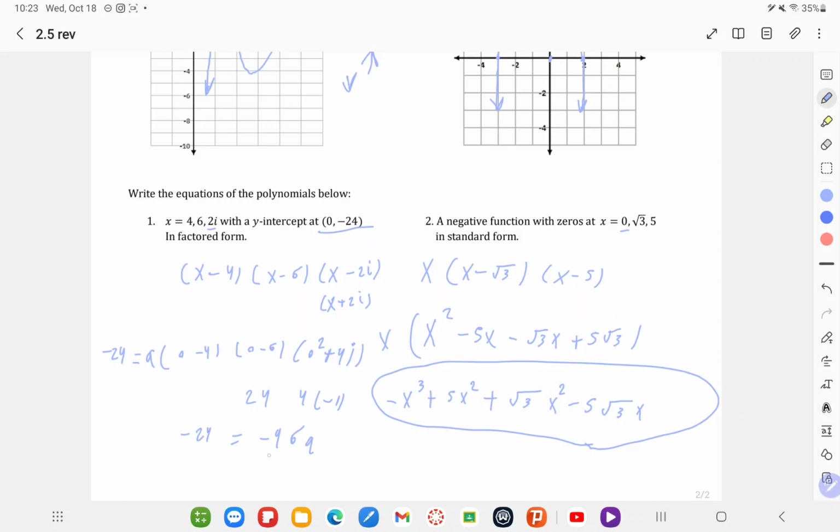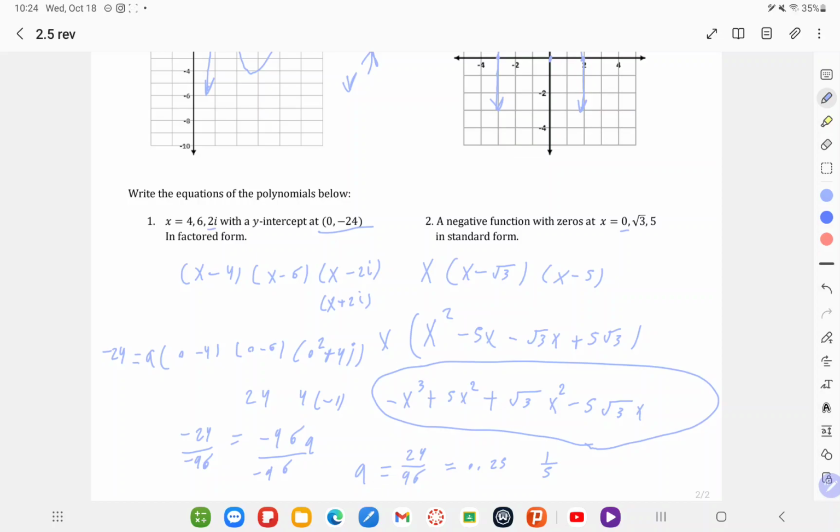You divide by negative 96, all of the negatives cancel out, and a equals 24 over 96. You don't even need to do that because the decimal version is 0.25, which is just 1 over 5, if I'm not wrong.